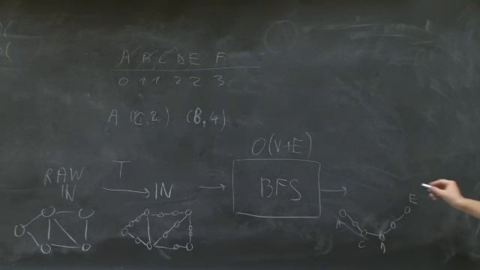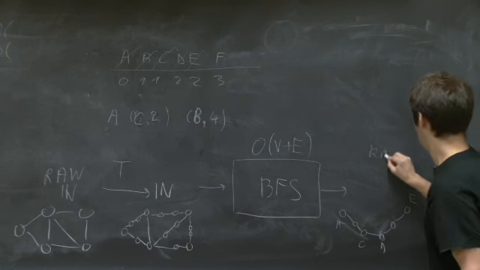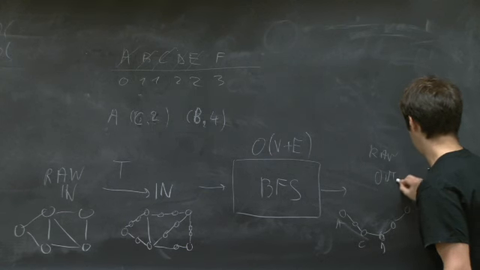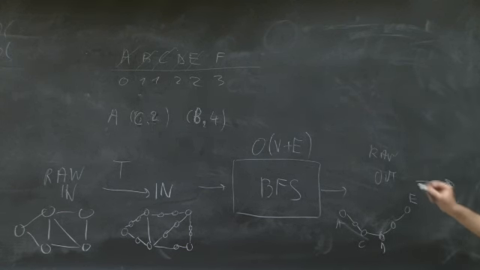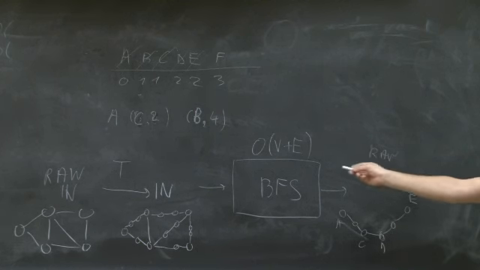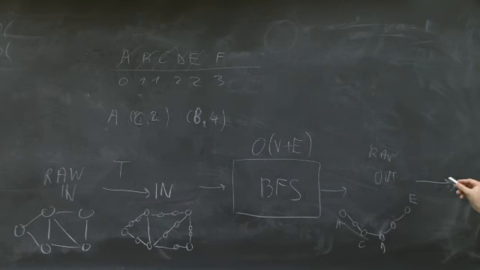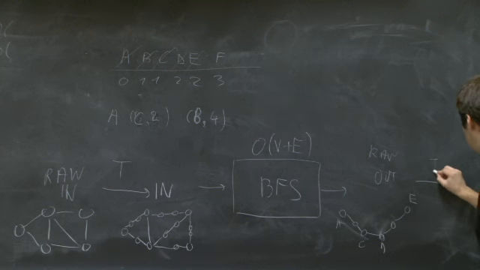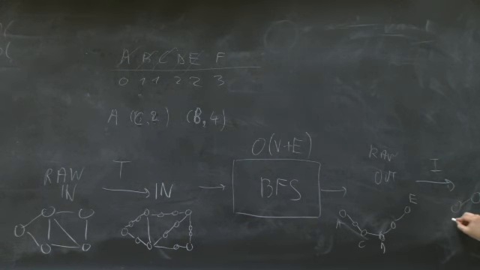This doesn't make sense. So you need to take this raw output, and you need to transform it again. Based on what you did in this transformation, you have to read out the output. You have to interpret it. So this is either interpret or read out. And then you get a nice output. That's the output to your original problem.